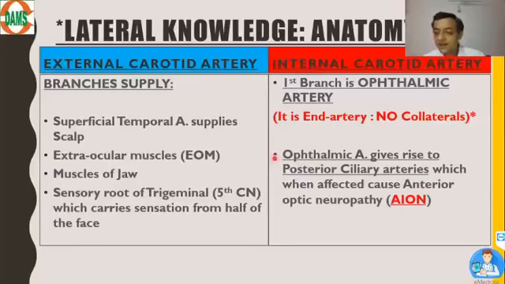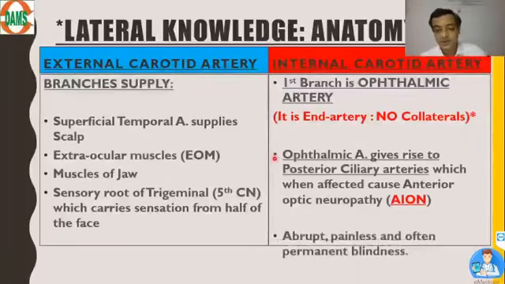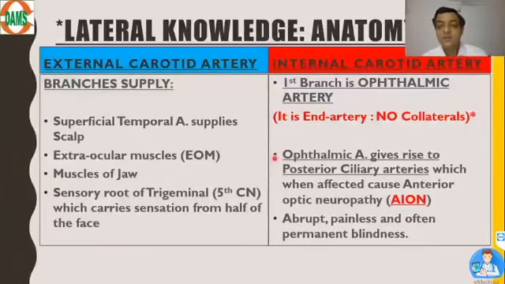So it is a little different. Even though it is the posterior ciliary arteries which are affected, they supply the optic head, which is responsible for anterior optic neuropathy, which causes abrupt, painless, and often permanent blindness.